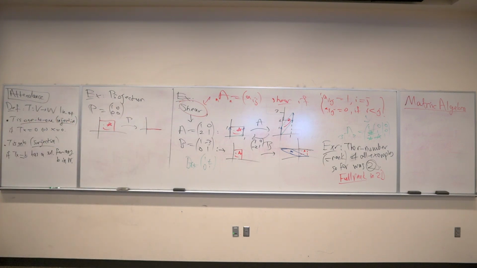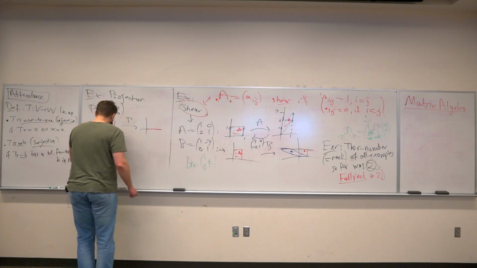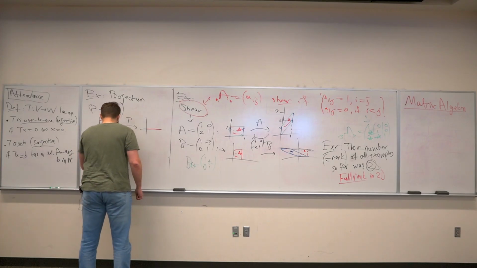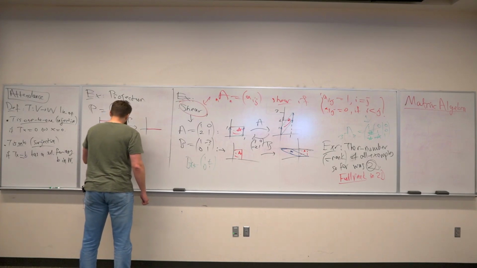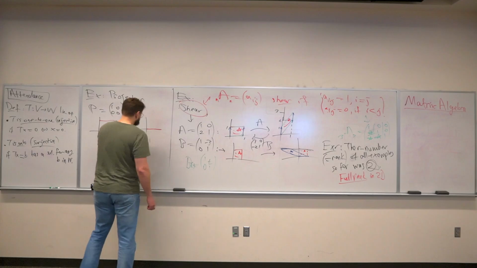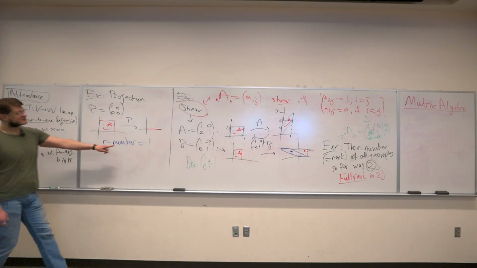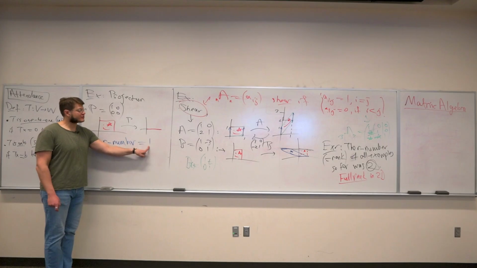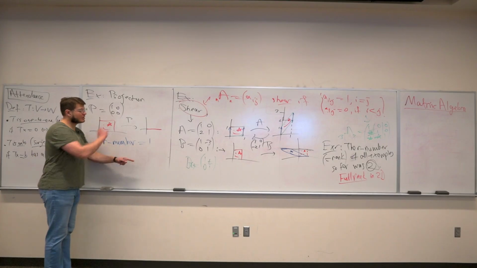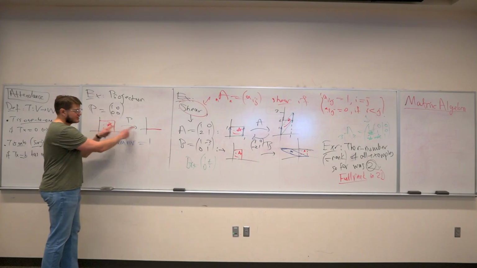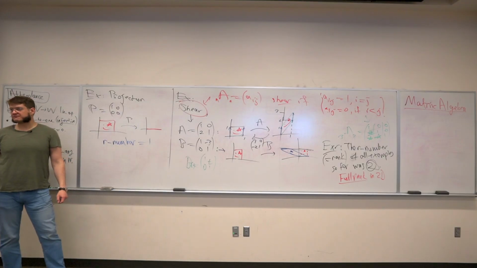So I'm writing here, the rank number is 1. I should also say that the fact that the rank number is 1 and not 0 corresponds to the fact that once you apply P, two-dimensional something turns into a one-dimensional something.